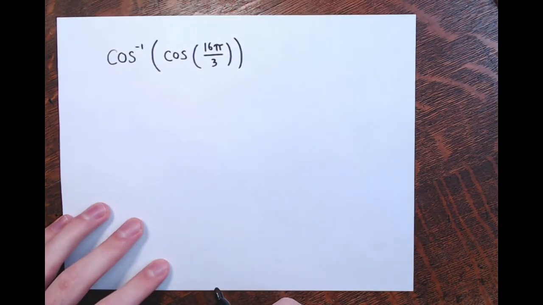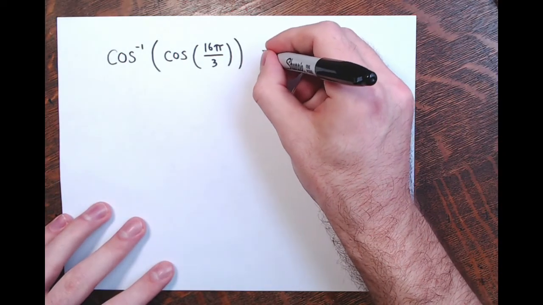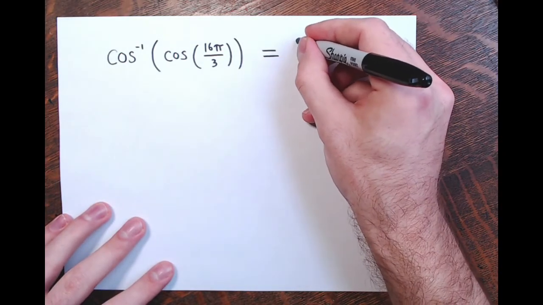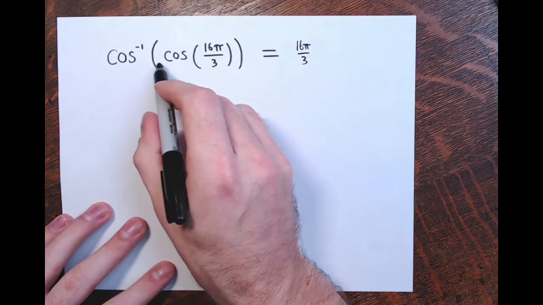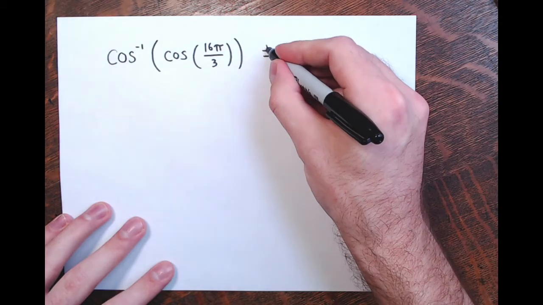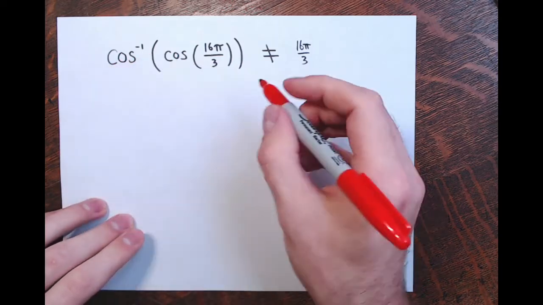Now again, the mistake that people often make is this: they'll say, hey, this is just equal to 16 pi over 3 because these are inverses of each other, so they'll undo each other. That's wrong.